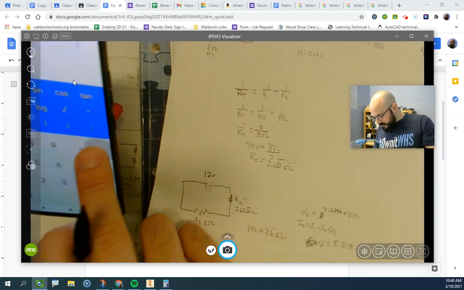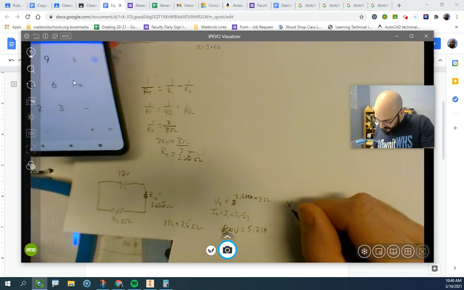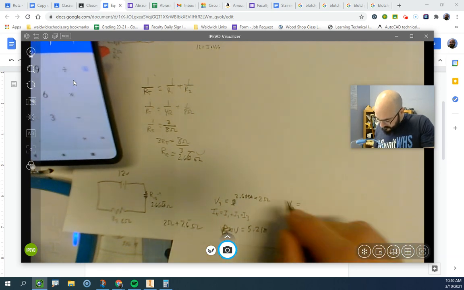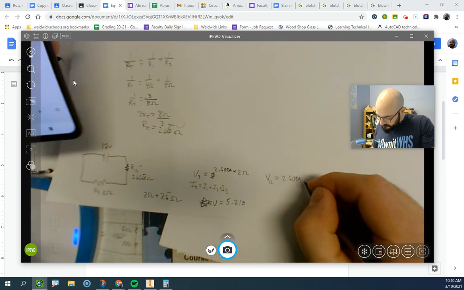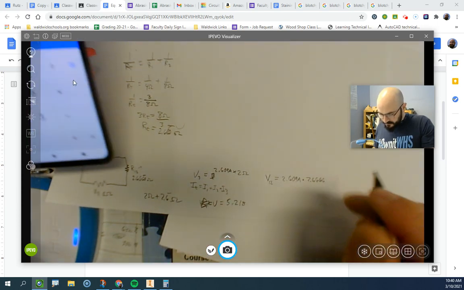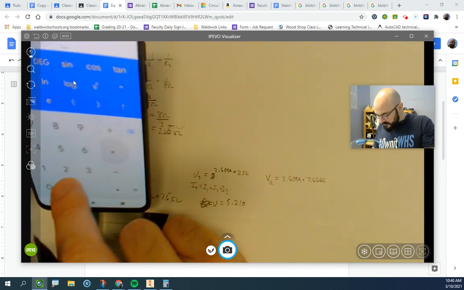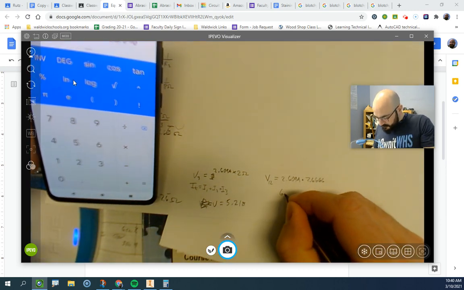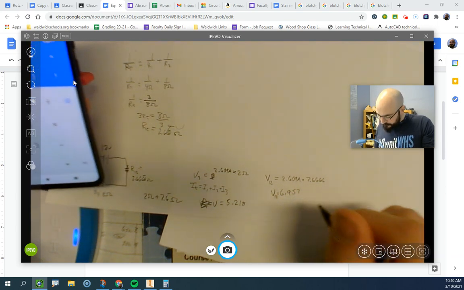But just for good measure, let's figure this one out. Voltage of 1,2 equals the current, 2.609 amps, times the resistance, which is 2.6666 repeating. 2.609 times 2.6666, we get 6.957 for V12.